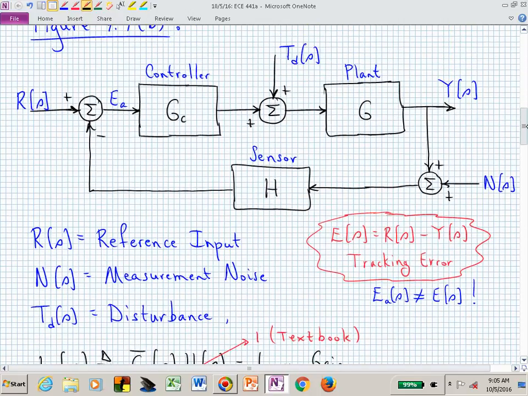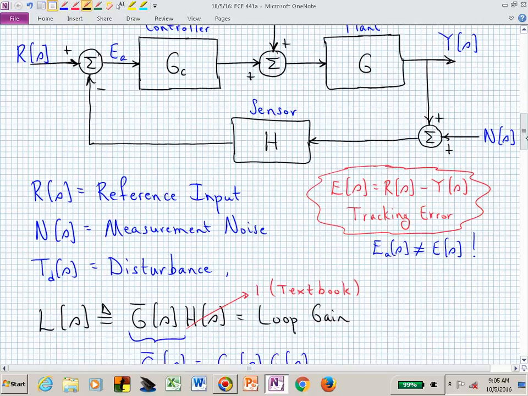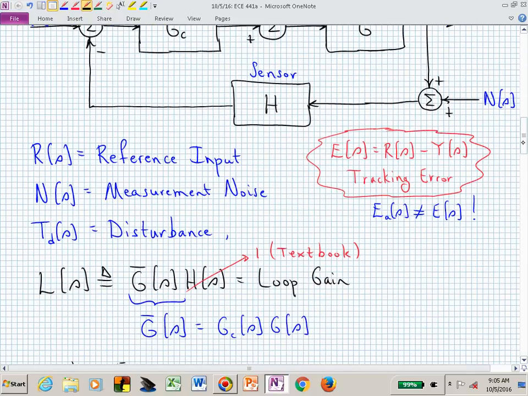Just to make things easier, we'll reduce our writing to one letter instead of two with subscripts. We'll define this loop gain, L, to be all of those transfer functions in our loop, G sub C, G, and H. In the textbook, we won't introduce any sensor dynamics, we'll just let H be 1.